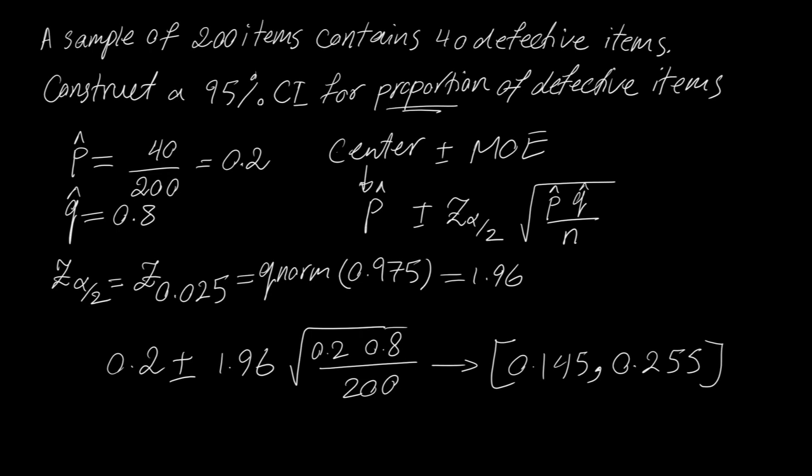Here for this example, we've found the 95% confidence interval for the proportion of defective items for one specific sample in the population. If I want to find the confidence interval for the difference of proportions, for example for two different populations, if you remember, the previous one was the difference between means.